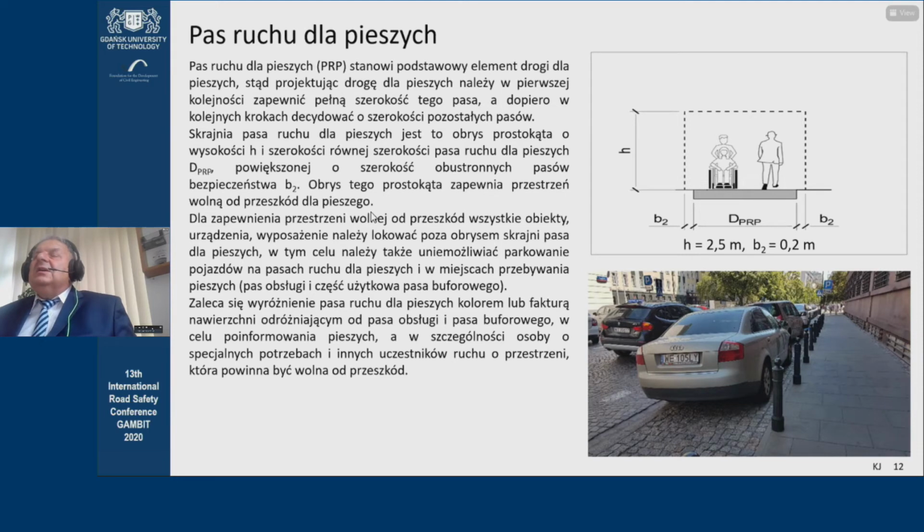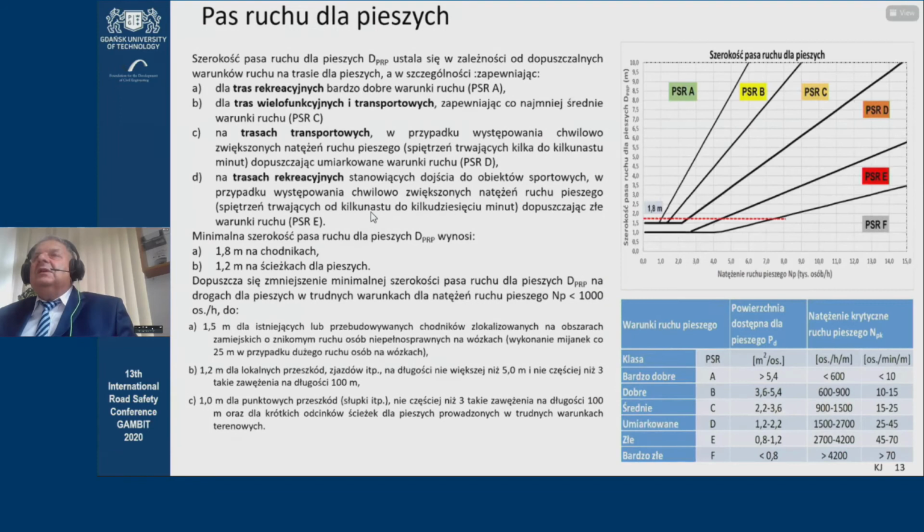As you can see in the picture, we have 0.2 meter safety belts, which either serve as buffer or enter the pedestrian support lane.